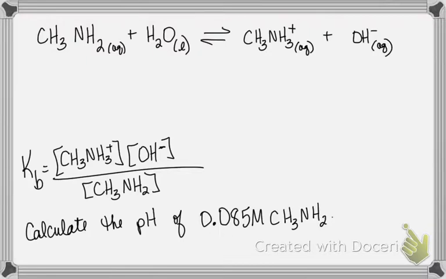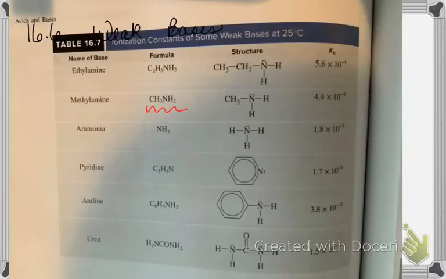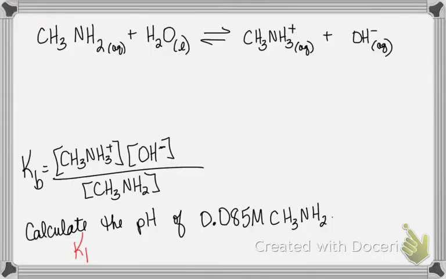Okay? All the other information we have on this slide we would have got from the table. What else are we going to need to go back to that table and get? We need to get the Kb. Kb for methylamine, 4.4 times 10 to the minus 4. Okay?